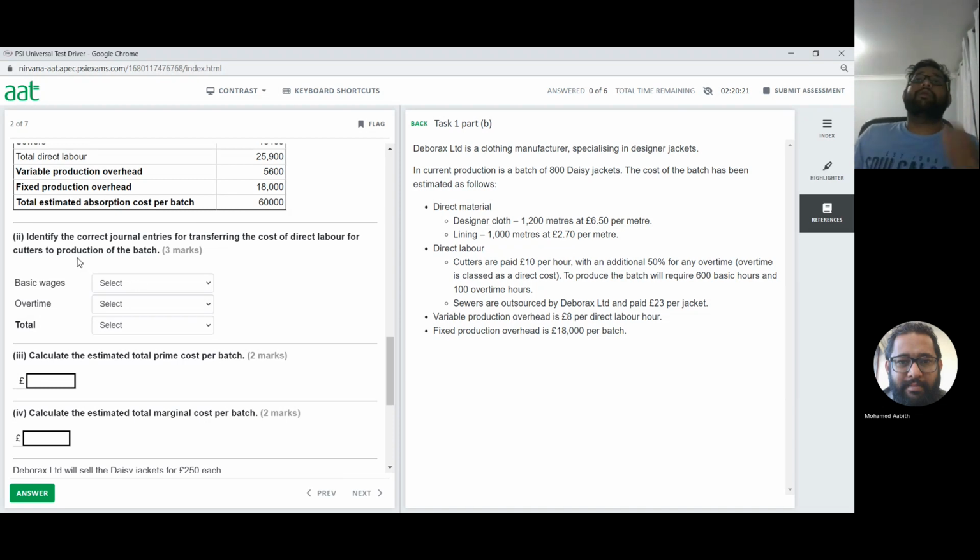Not bad. Now they also ask you after this to identify the correct journal entries for transferring the cost of direct labor for the cutters to the production of the batch. You also remember every time an expense comes up, the expense will always be a debit entry. So basic wage and the overtime will be debit entries into your direct cost.